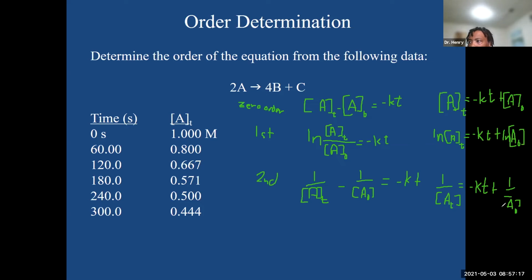Okay, so we're going to use the data that's given to us. For the second degree, for the linear, it's negative kt plus. Yep.